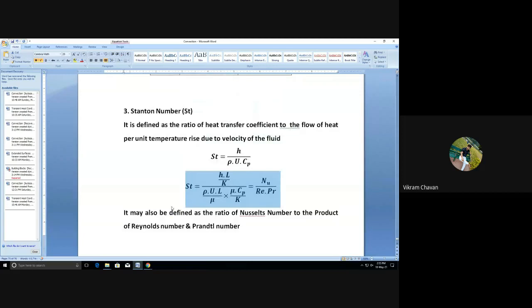You can write the third dimensionless number, Stanton number.